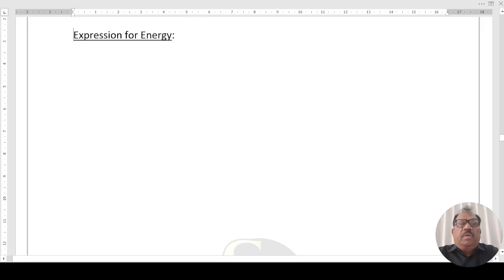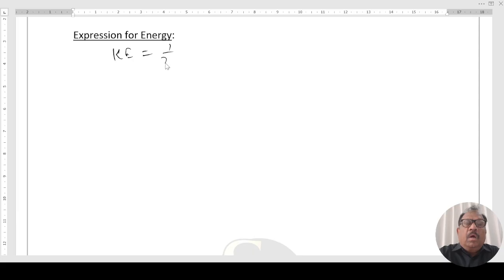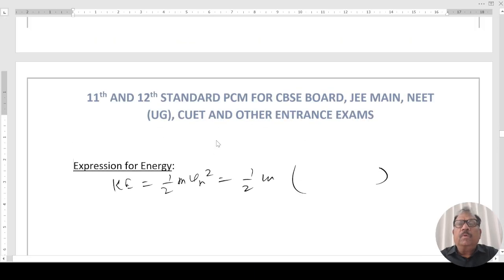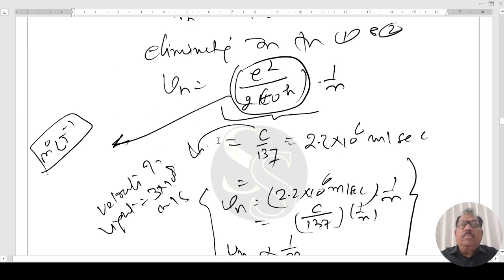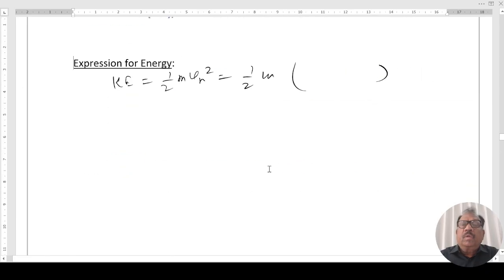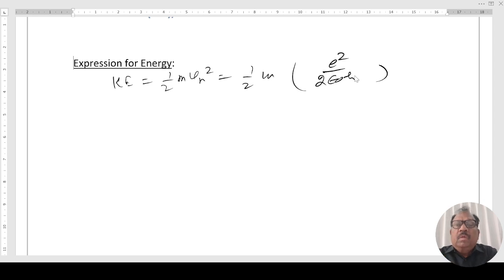Now, expression for energy. Kinetic energy is given by half m v square. We find the value of half m v square, which we have already found out, that is e square upon 2 epsilon naught h into 1 by n, whole square.